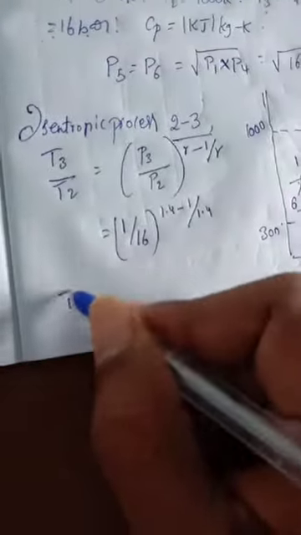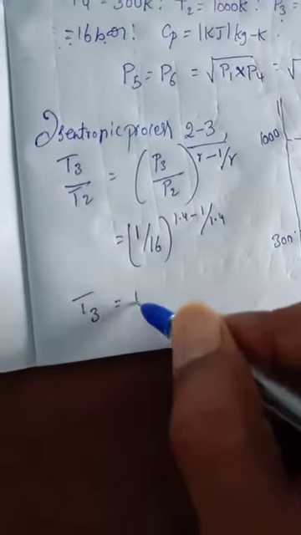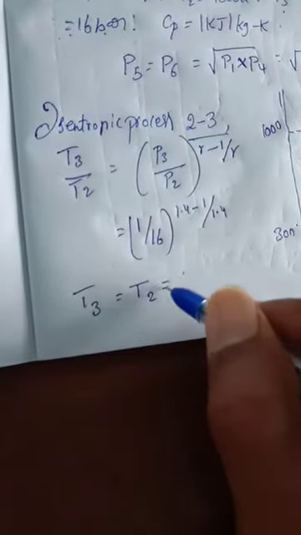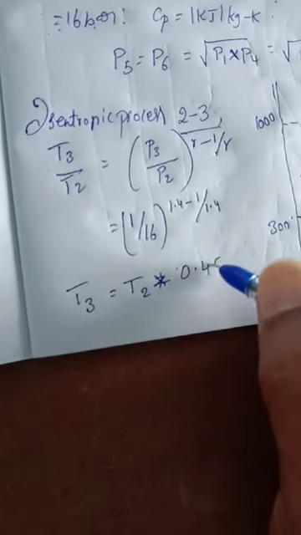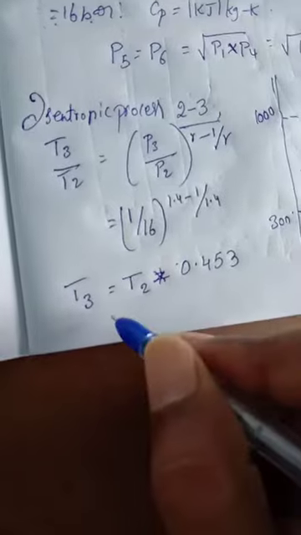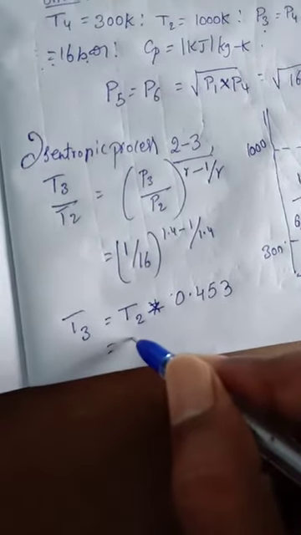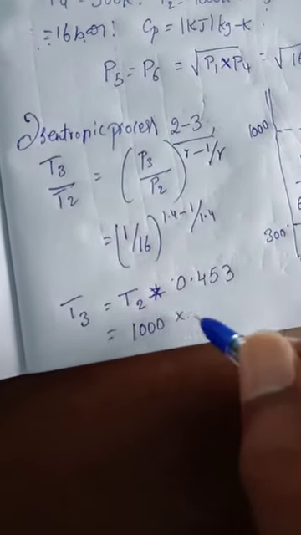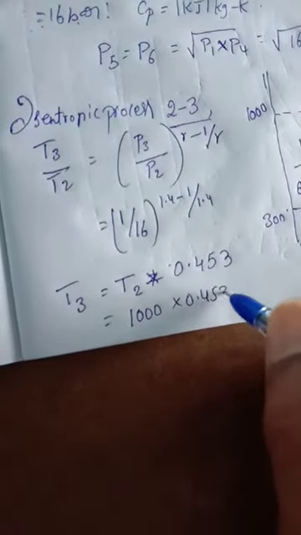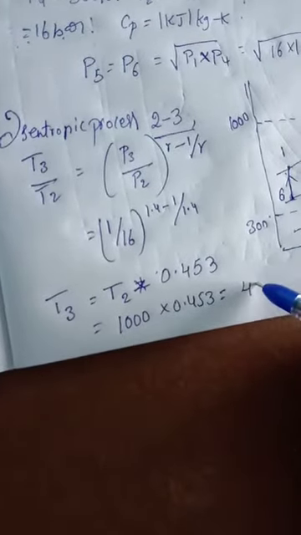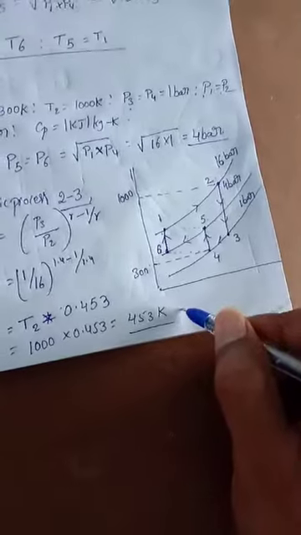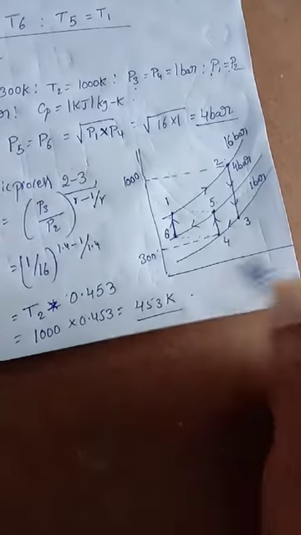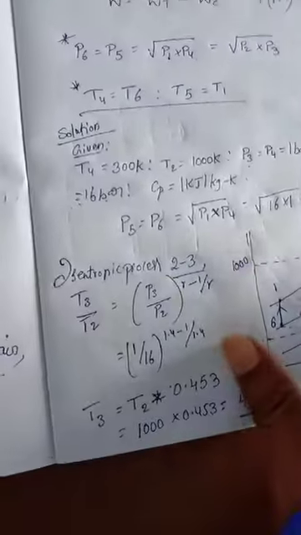So then T3 is equal to T2 into 0.453. So here we know the T2 value. Then calculate this. Here we will get 450 kelvins. That is called the T3 value. Okay. So this is the T3 value.